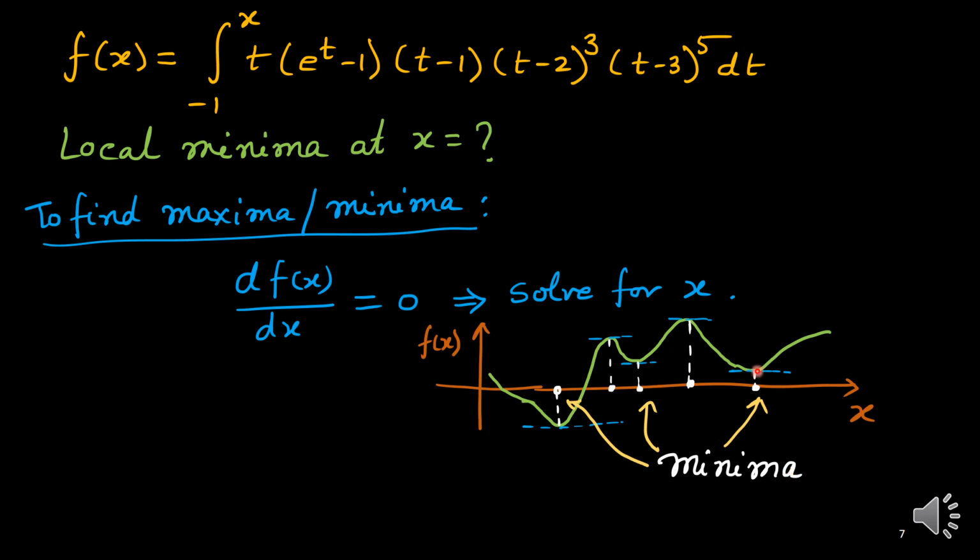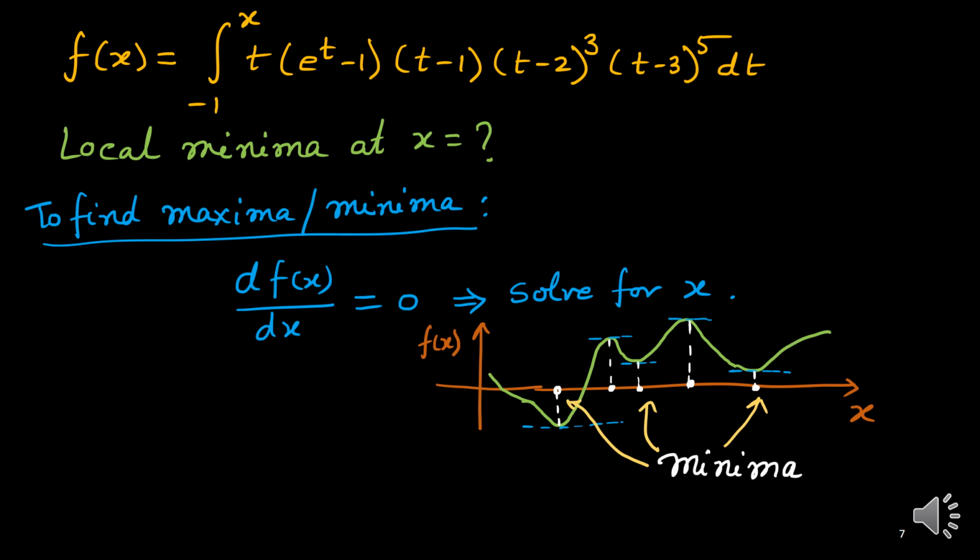Suppose this is the minima point. So what is happening? The function is decreasing first, it will attain a minimum value, then again it will start increasing. So this is the nature of this plot around the minima. When function is decreasing, what is slope? Slope is negative, means derivative is negative. And after this point, the function will rise, obviously slope will be positive, that means derivative is positive.